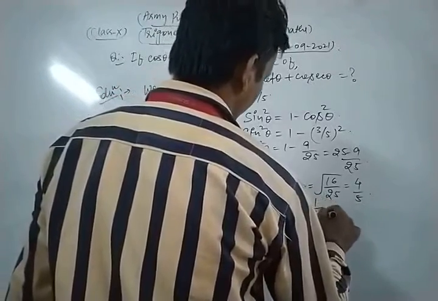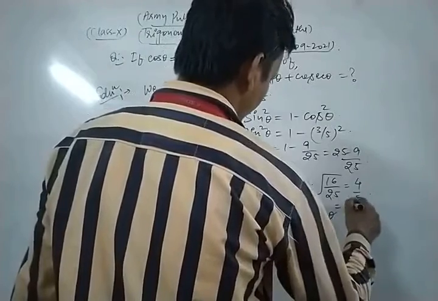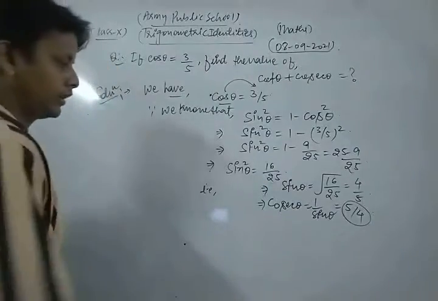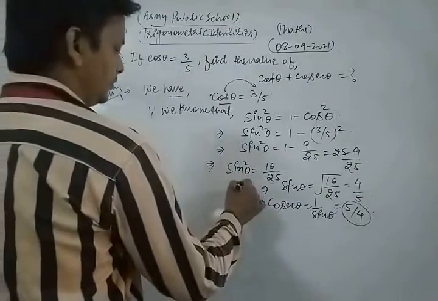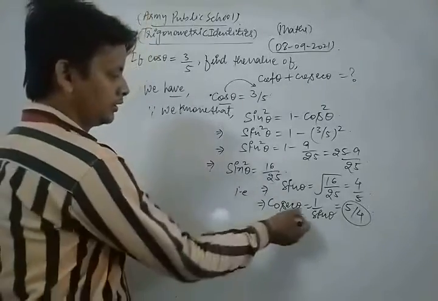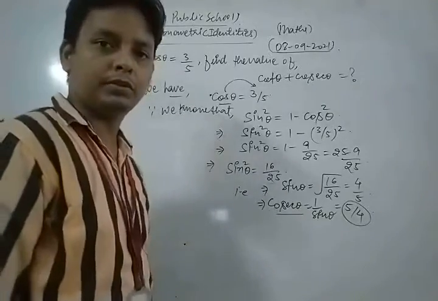Cosec theta is 1 upon sine theta, so 1 upon 4 upon 5 is 5 upon 4.